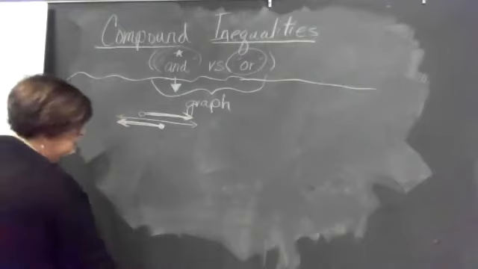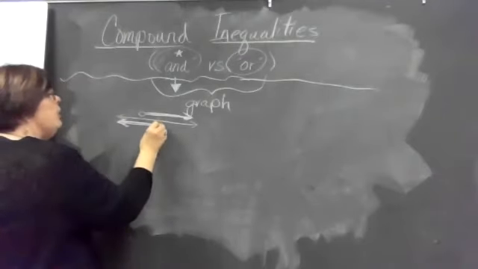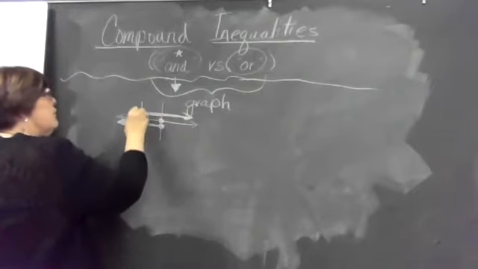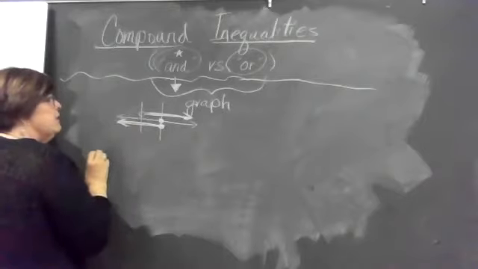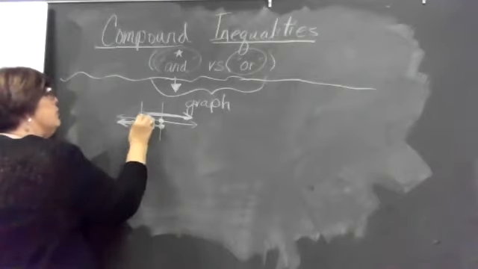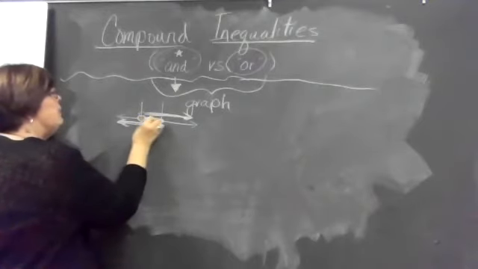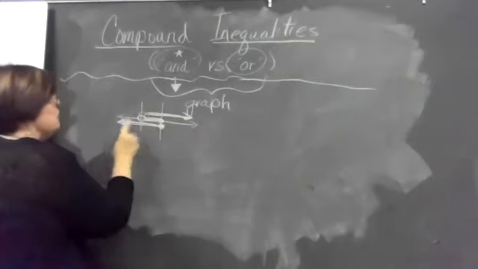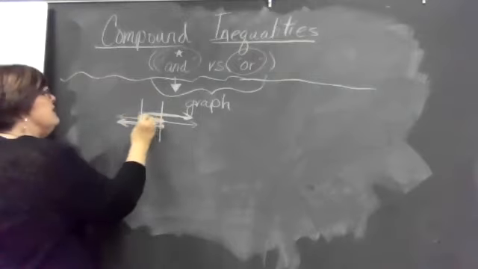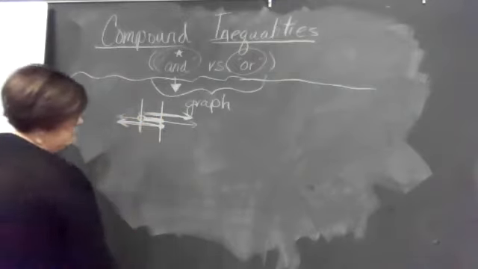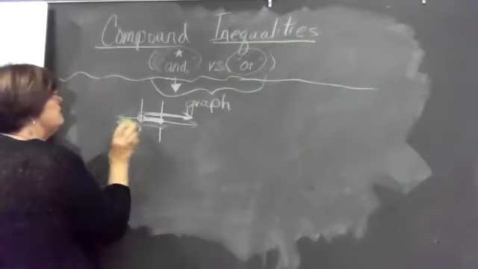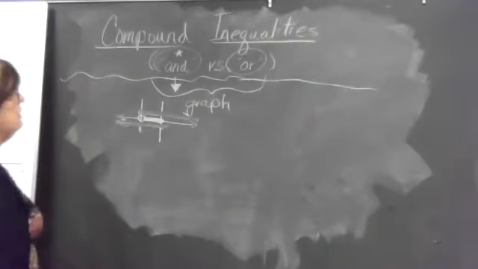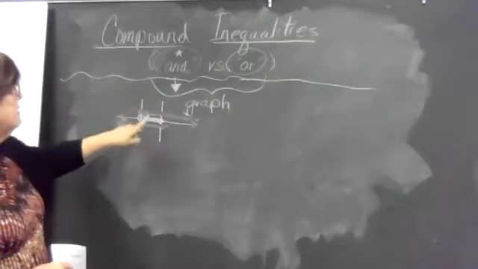Well, in an and, the only part you're going to graph is the part that overlaps. Do y'all see? So the actual graph will only be this part, because that's where this graph and this graph overlap. This is just to help us find it. This is the actual graph. That's an and. And is where they overlap.